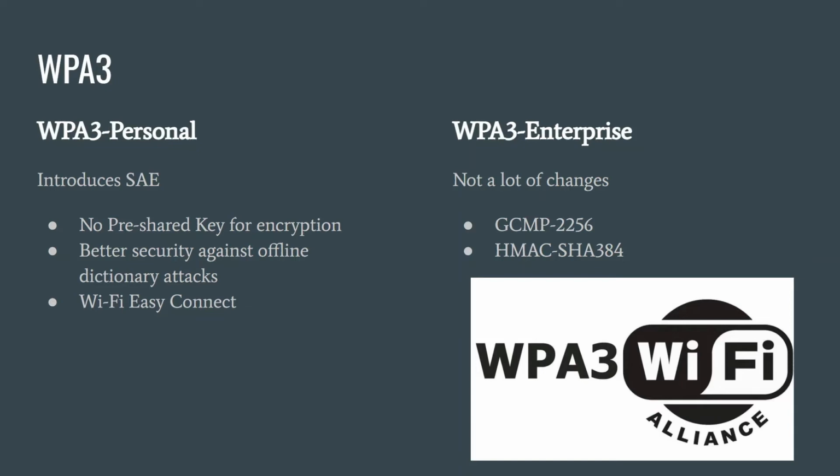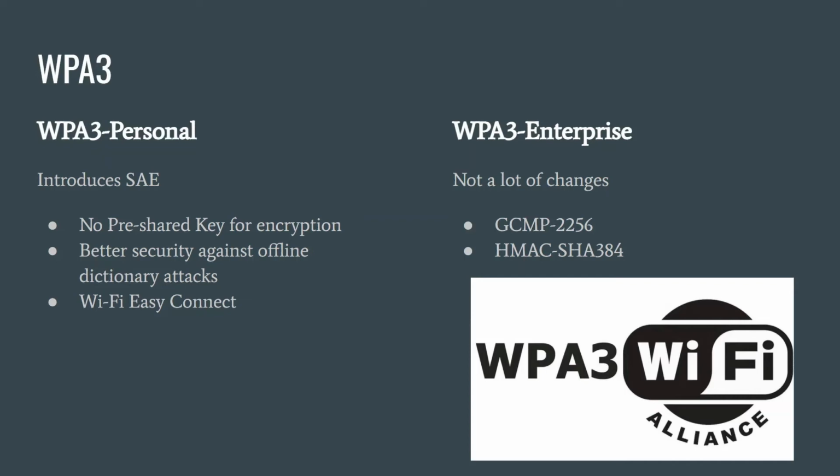On the other hand, WPA3 Enterprise also introduced some improvements, but they were a lot more minor than WPA3 Personal. The core ideas still remain the same on the enterprise side between WPA2 and WPA3.